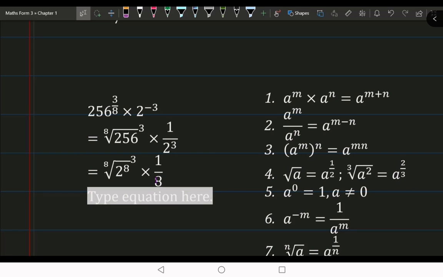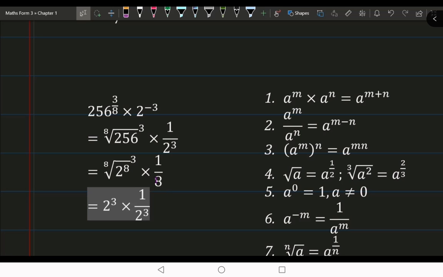The 8th root and power of 8 cancel each other. We get 2 to the power of 3, times 1 over 2 to the power of 3.